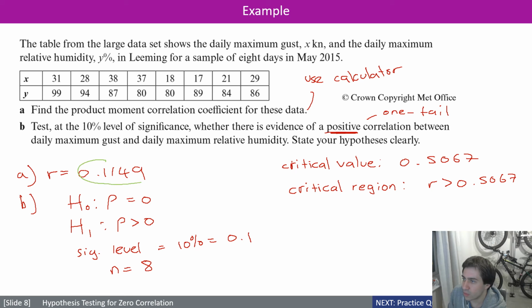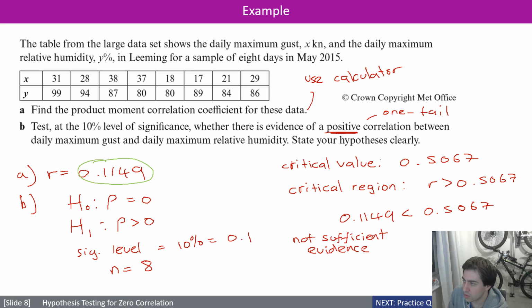It was 0.1149, which is actually very close to 0, so it's not very significant. 0.1149 is actually much less than 0.5067. So then we would say not sufficient evidence to reject H0.